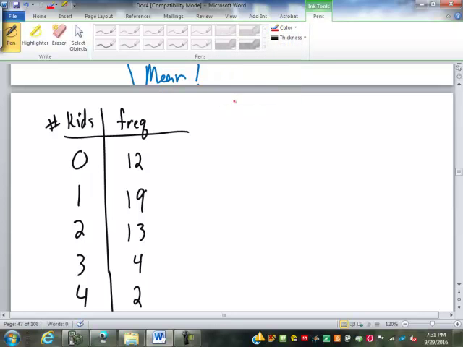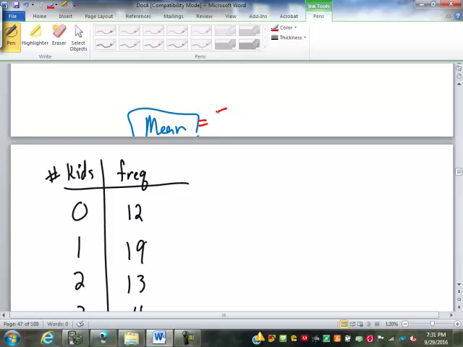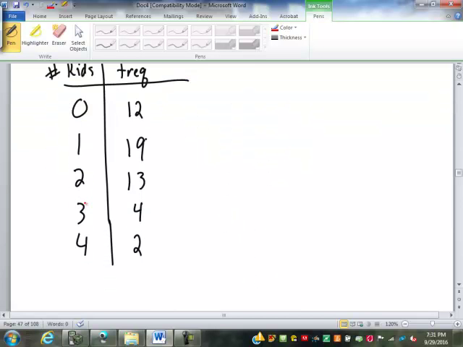Remember, the mean is found by adding up the numbers and dividing by how many there are, dividing by n. First of all, we can find n pretty simply. n is going to be the total frequency. If I add those all up, I should get 50, I hope. That's what I was hoping for. Okay, good. So n is 50. There's 50 values in this sample.